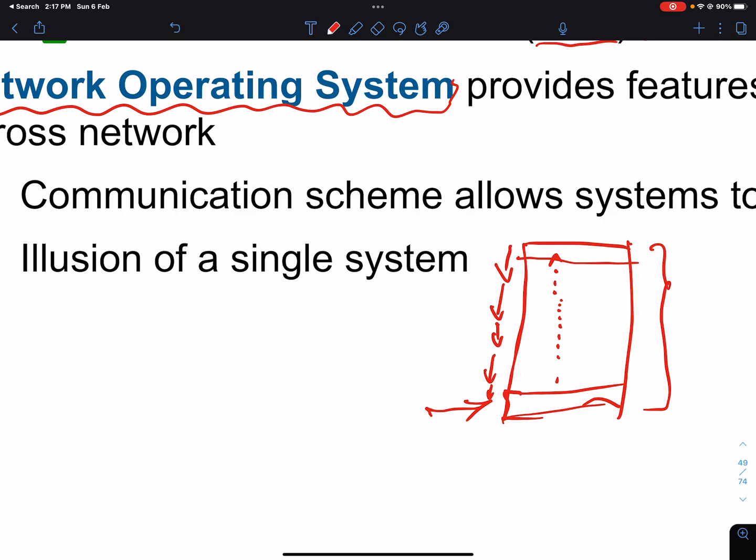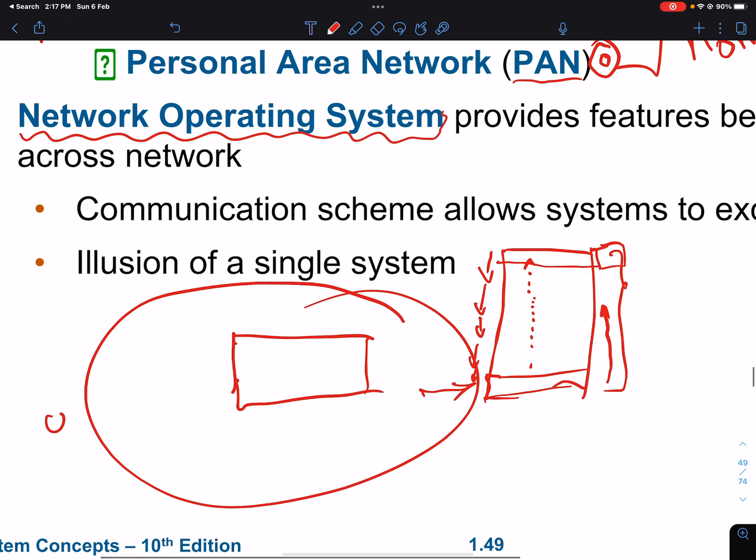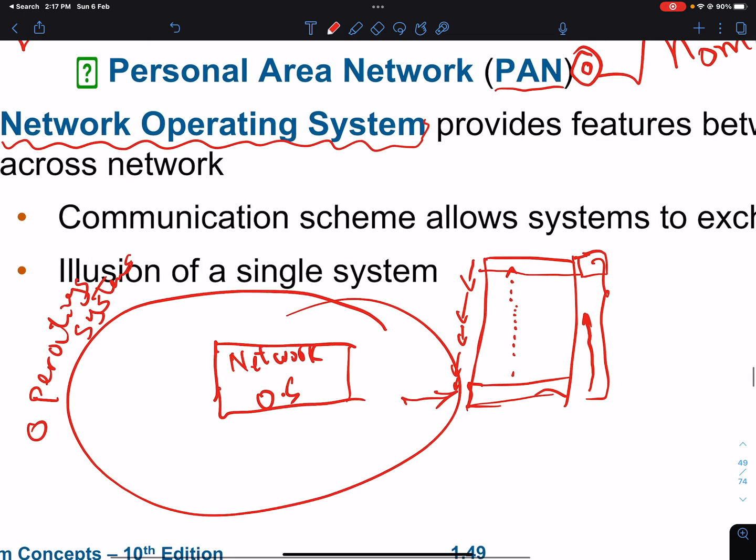And when you receive, it goes all the way up from the bits until messages that you can understand. So this is the network operating system, and the whole network operating system is actually part of the operating system, right? It's part of it.